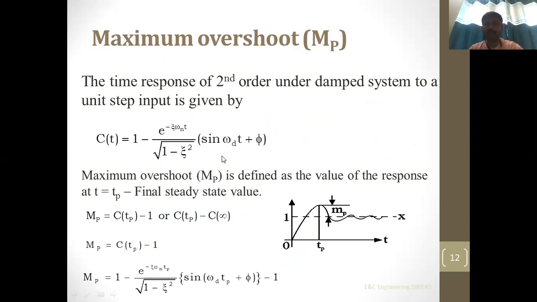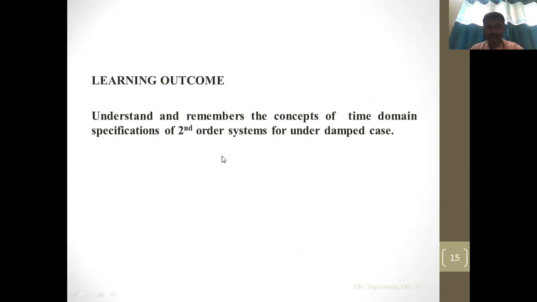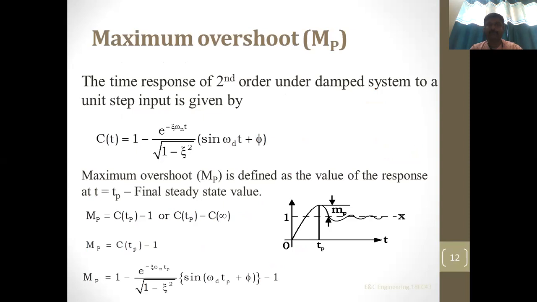Next, I shall move on to the next one. c of t is 1 minus e power minus xi omega n t divided by root of 1 minus xi square into sine of omega d t plus phi.